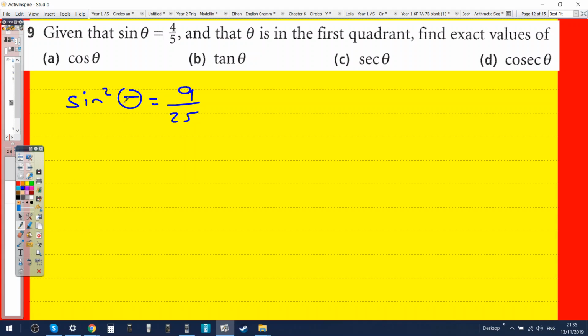Sine squared theta is the same as 1 minus cos squared theta. So what would you get if you solve that? It is meant to be 16. Don't listen to me.